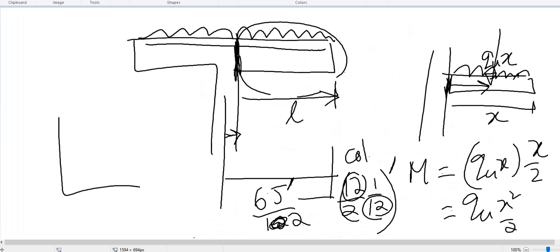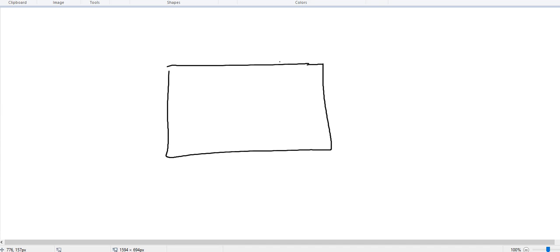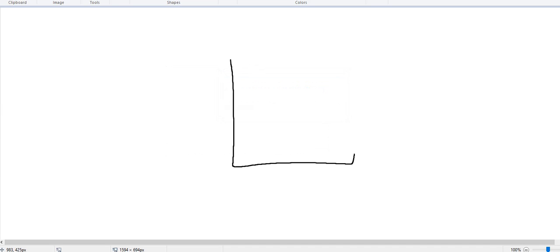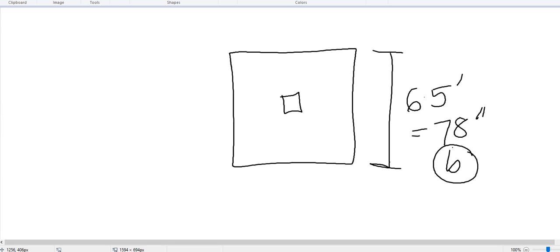If I show you this, so this is my column. Oh, it looks like a rectangular. Okay, I will change it. So this is my footing, this is my column. Now this time they are taking the entire width, 6.5, it is 78 inch. So if you use this as a b, you will get reinforcement for the entire width.